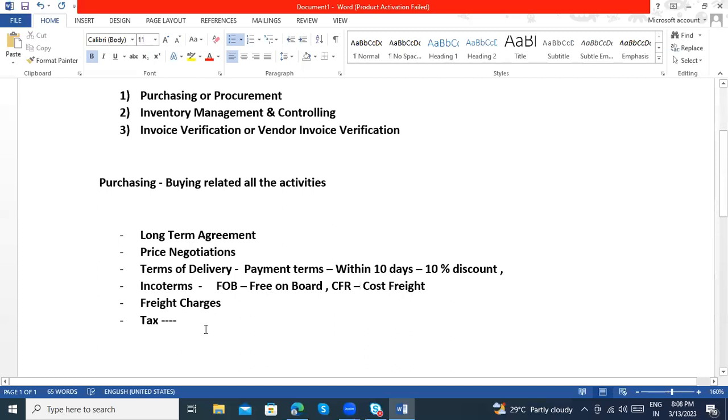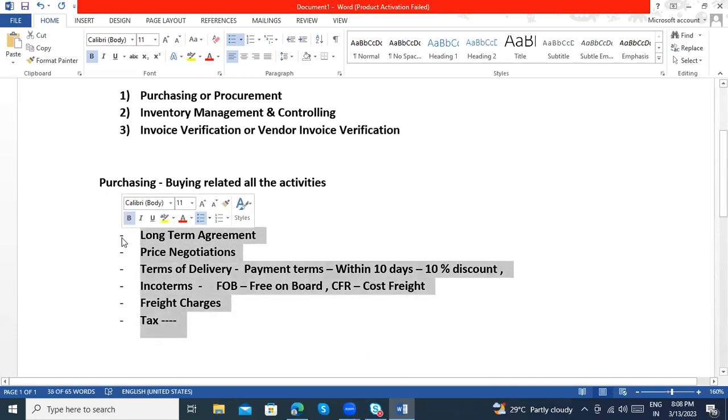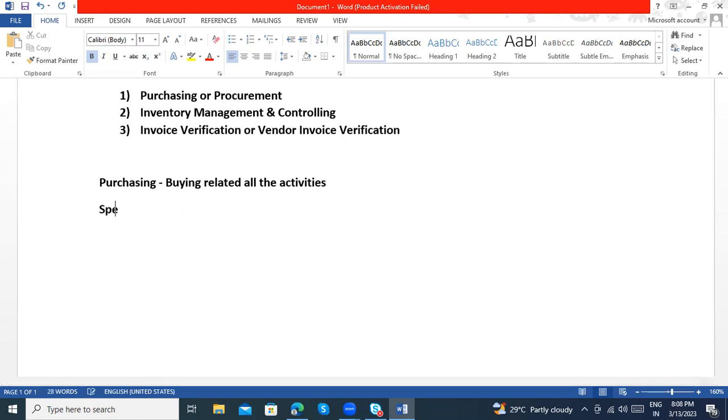Yes, sir. Okay, so when we talk about purchasing, we have some special stock procurements. The standard business process is the procurement to pay process.